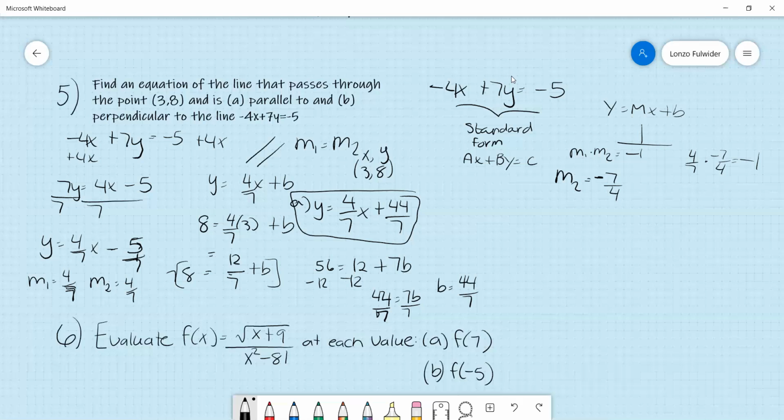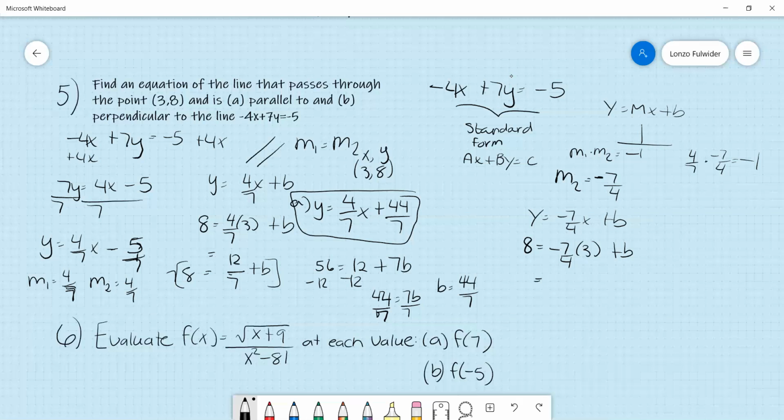So we found m2. Now let's find our b. So y equals -7/4 x plus b. We're going to still use the same point, because we have to get a different b. So this is going to be y equals 8, -7/4 times x, which is 3, plus b.